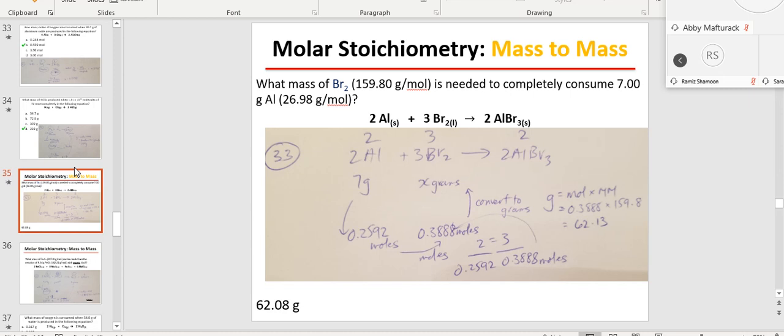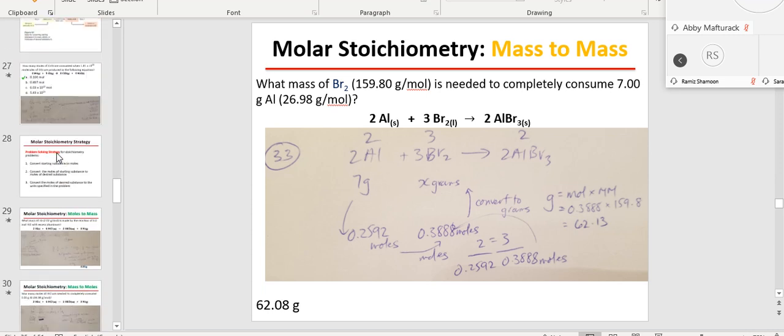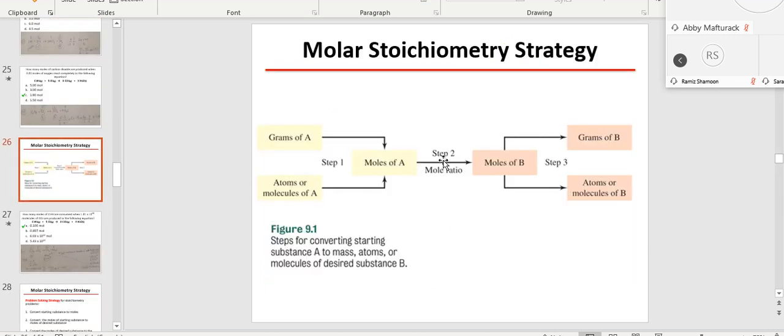To go back schematically, the easy ones are mole: mass to mole, molecule to mole, mole to mass, or mole to molecule. But these last ones are mass. I'm going to give you grams of this and ask you to find grams of this.